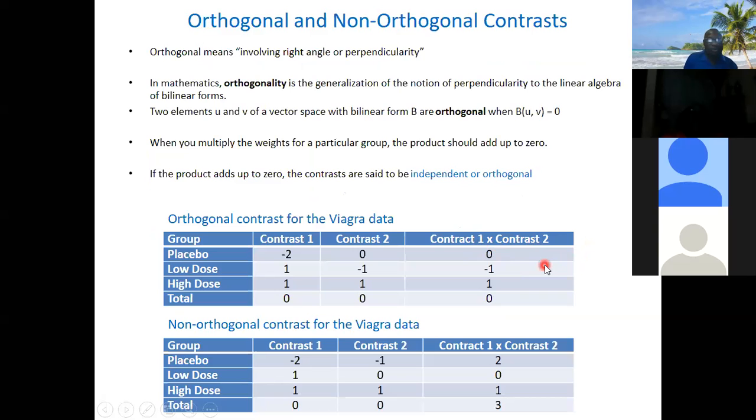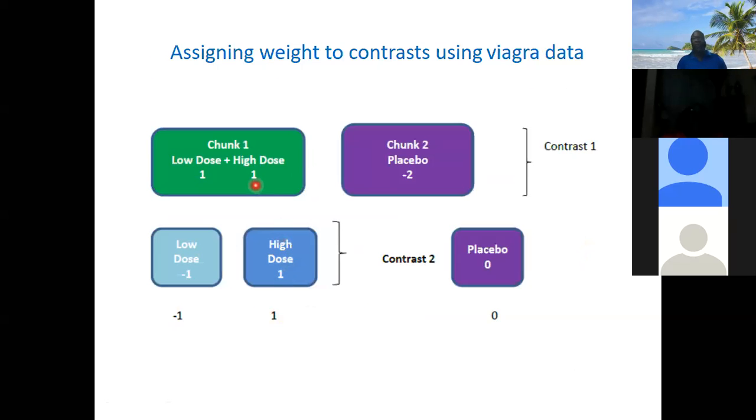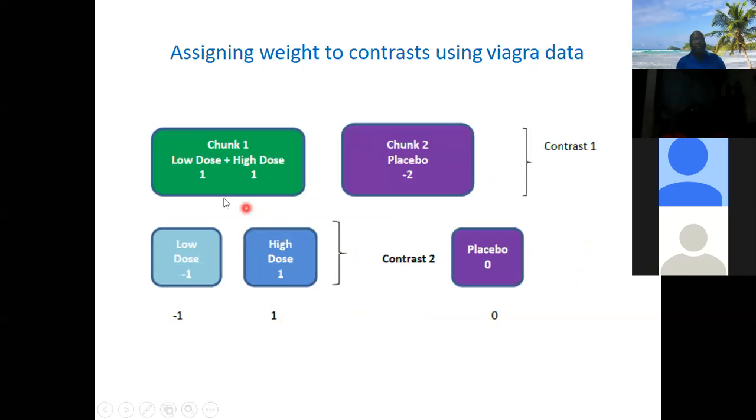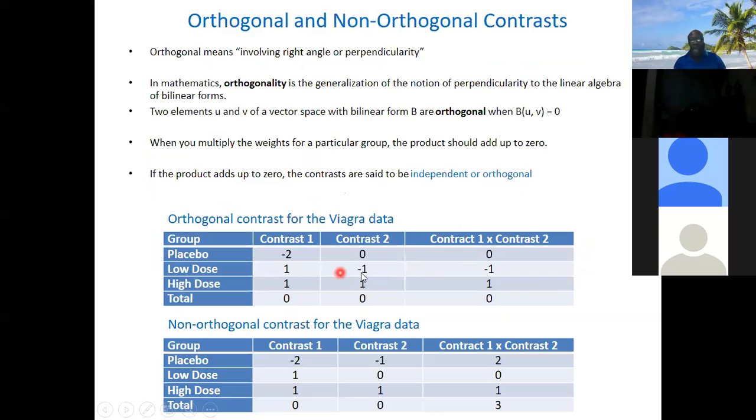For low dose, the first contrast is 1 and the second is -1. When you multiply, it gives you -1. For high dose, the first contrast was 1 and the second was 1. When you multiply, it gives you 1. When you now add all of them together, it gives you 0.